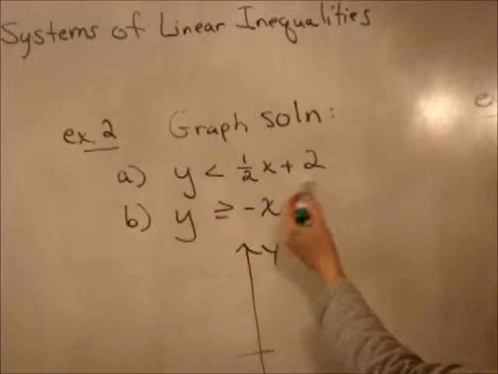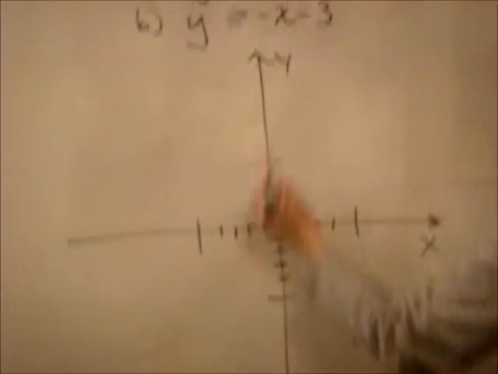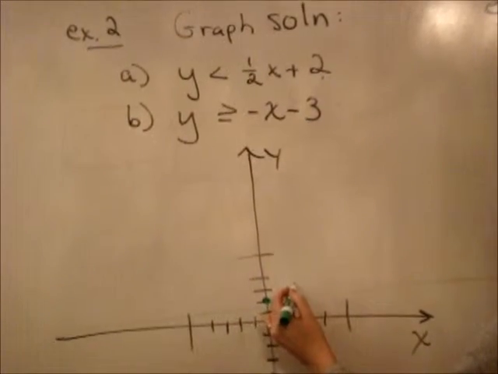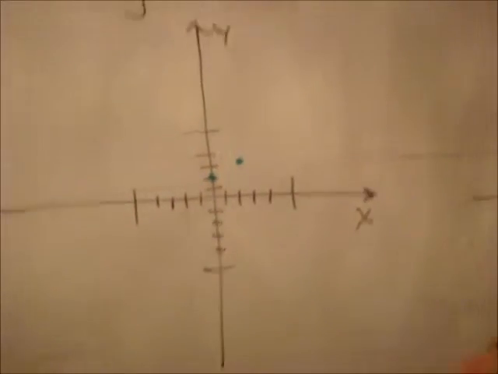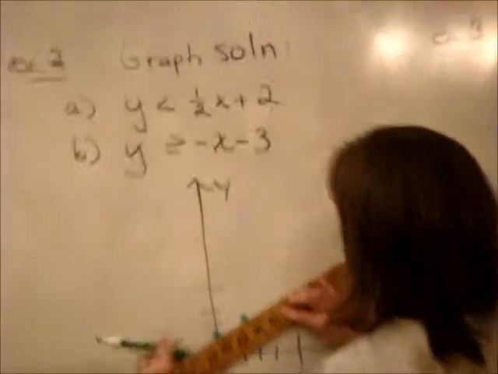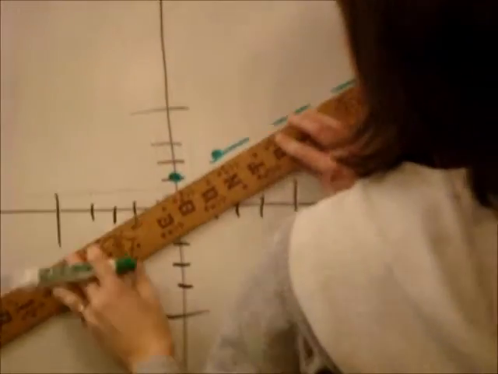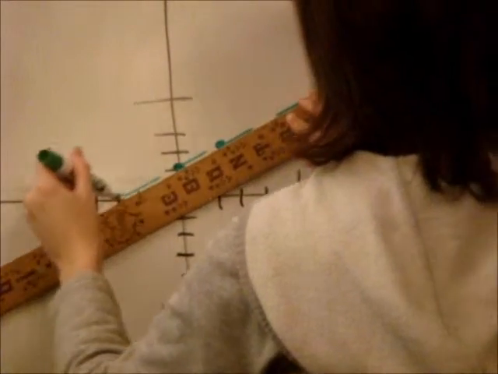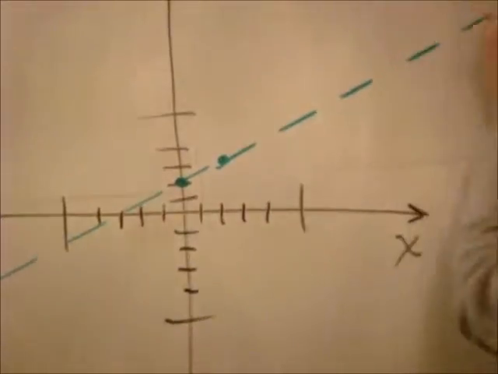Let's do A. Our y-intercept is 2, point on 2. Our slope is rise 1, run 2. This is not "and equal to," so we have to put a dotted line there. And we're going to figure out where to shade.